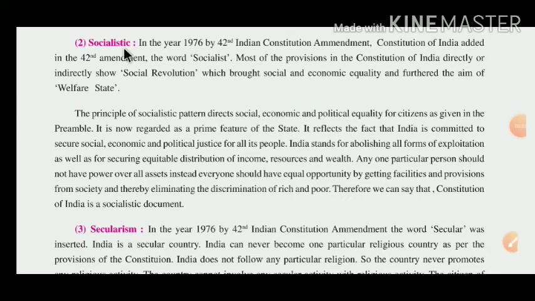Dear children, our next topic is socialist, and you know very well what the meaning of socialist is. Socialist means samajwadi.